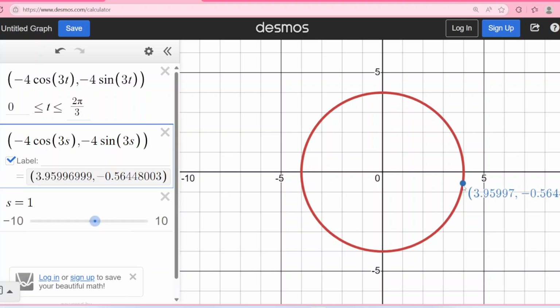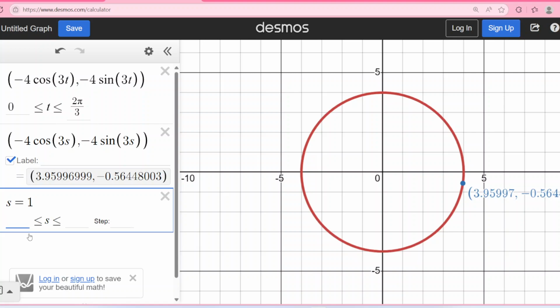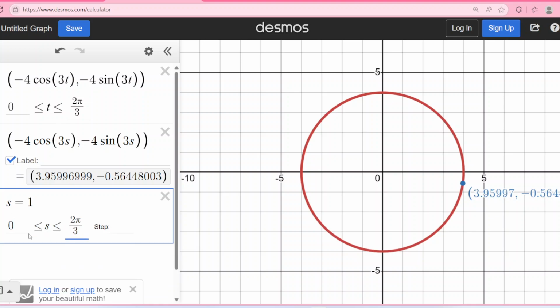So there, you see this blue point show up on the curve. And when I hit label, the coordinates came up 3.9 something, negative 0.5 something. That is the location we are at when s equals 1, right? It automatically starts off at s equals 1. So let me change the range of s. I'll change it from 0 to 2 pi over 3, just like for t, right? s is acting like t.